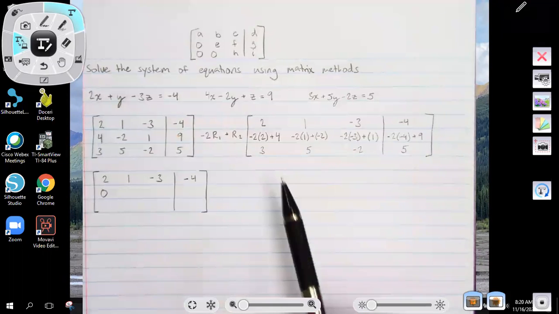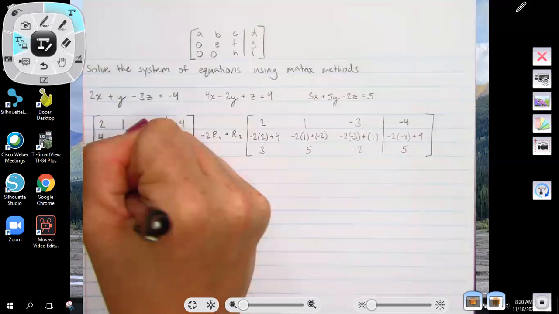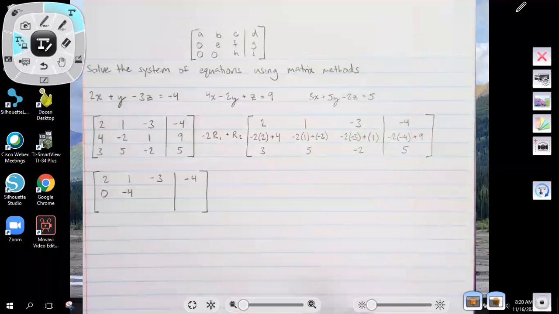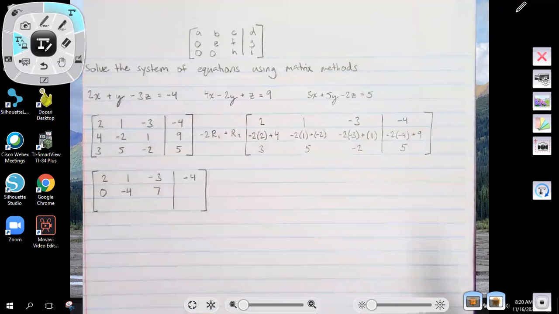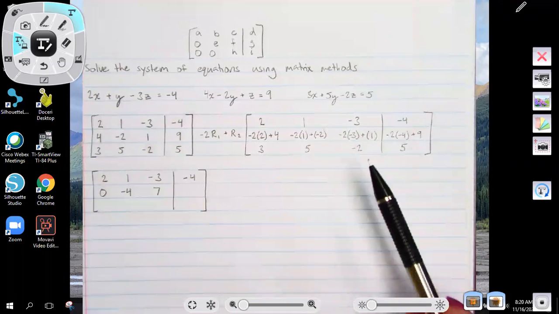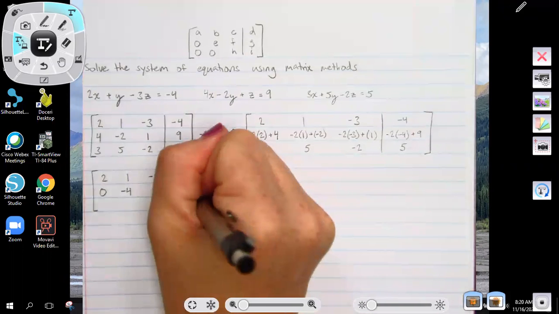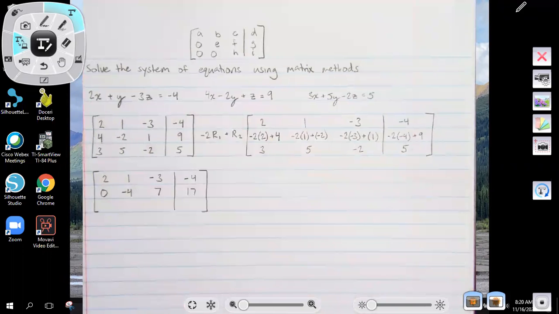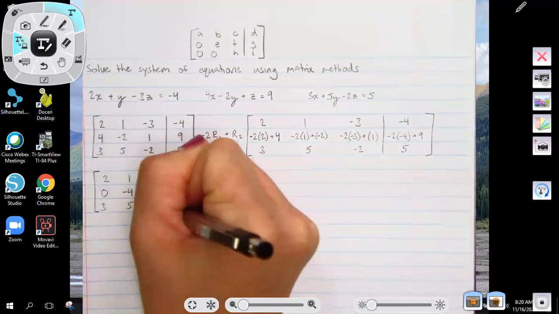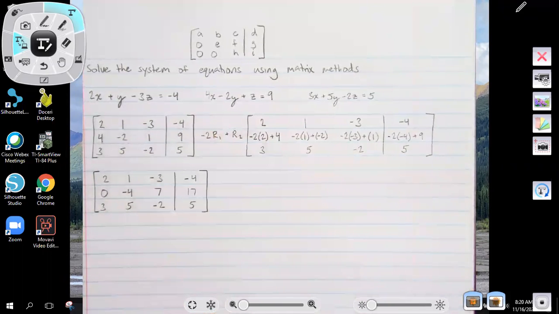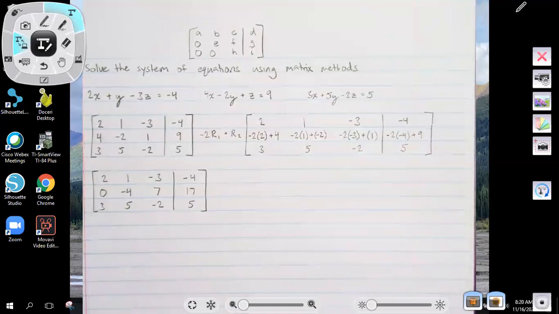Okay, we've got -2 times 1, which is -2, plus -2 is -4. -2 times -3 is +6, plus 1 is 7. -2 times -4 is +8, plus 9 is 17. The third row stayed the same, 3, 5, -2, 5. Okay, that's the only thing that we had to do for the second row. We just had to change that first number to a 0.